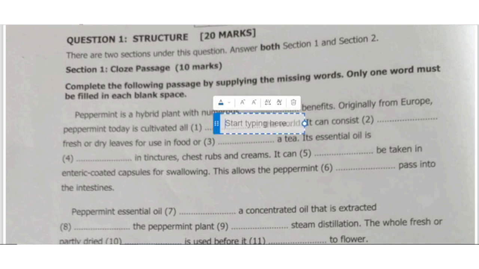Let me just change the color, I'm going to use green. So the word there is all over. So there we're going to put the word all over. So we're saying it is cultivated all over the world.